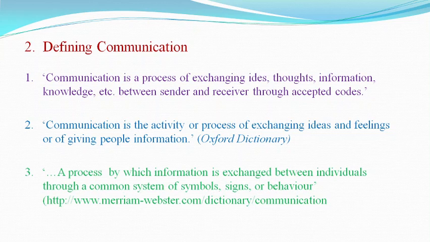When these three things take place simultaneously, communication takes place. If there is no sender or no receiver, we cannot imagine communication. Or if there is no accepted code, we cannot imagine communication. So there is a sender, there is a receiver, there is a common accepted code and exchange of ideas in the process of communication.